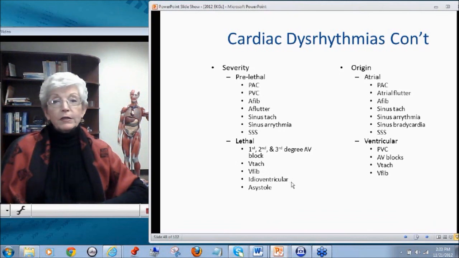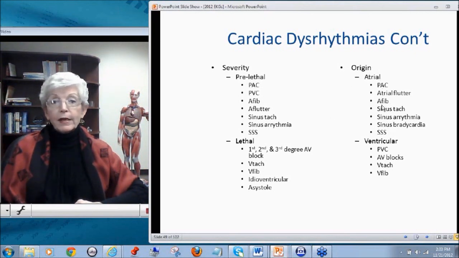And the cardiac dysrhythmias that we're going to look at, in order of severity. Pre-lethal is this laundry list: premature atrial contractions, atrial fib, atrial flutter, sinus tach, etc. And these are all in the atria.